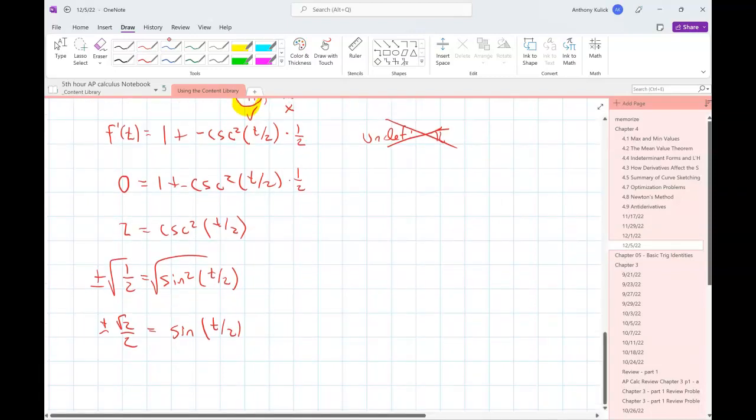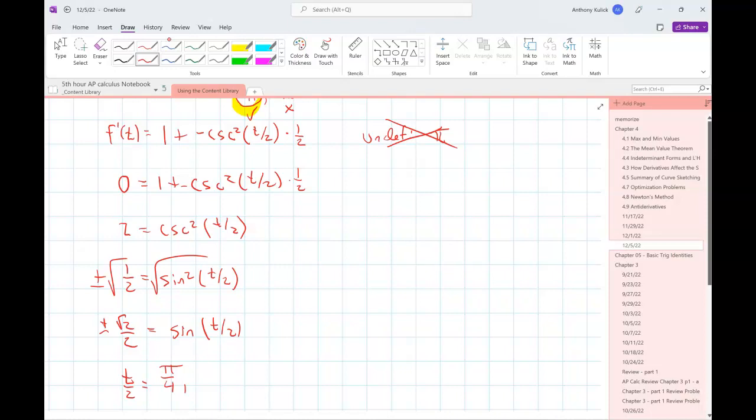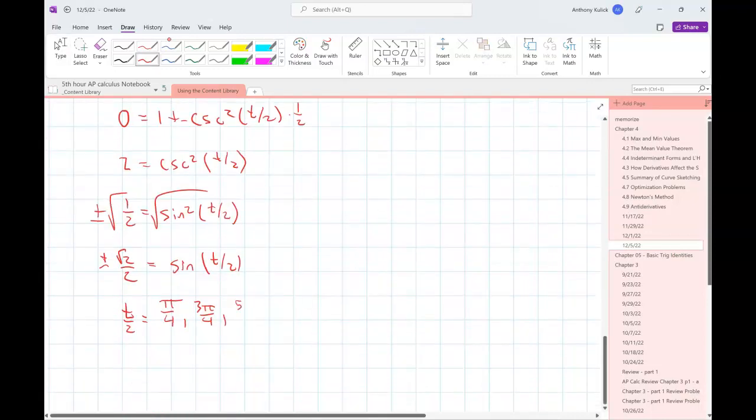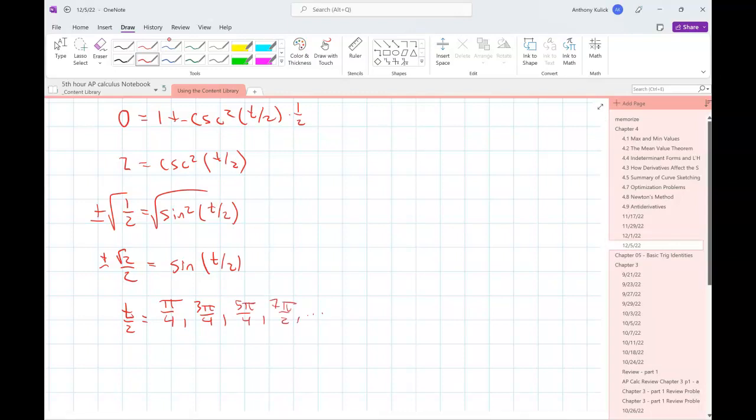Where is sine equal to plus or minus the square root of 2 over 2? Well, that happens at pi over 4, 3 pi over 4, 5 pi over 4, 7 pi over 4, etc., right?